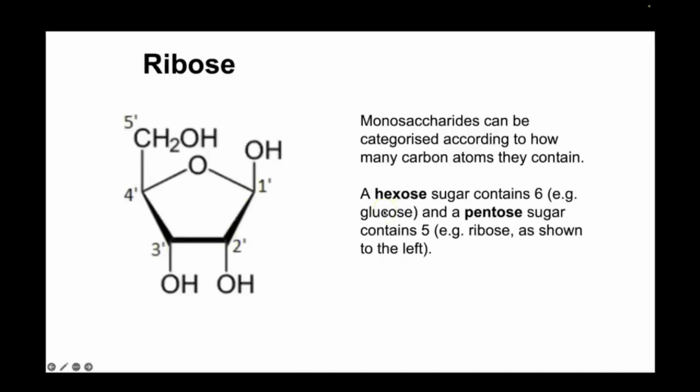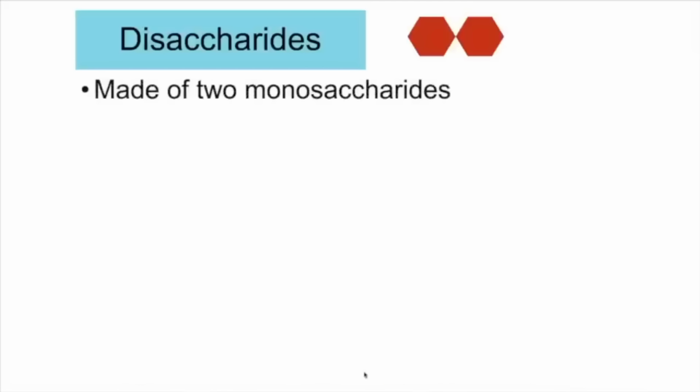Glucose has 6 carbon atoms, so that would be known as a hexose sugar. So where you see ose on the end, that means it's a sugar, and then the prefix in front is to indicate how many carbons it contains. And here is our structure of ribose, the pentose sugar, which is a monosaccharide that you need to know the details of. So next we move on to the disaccharides.